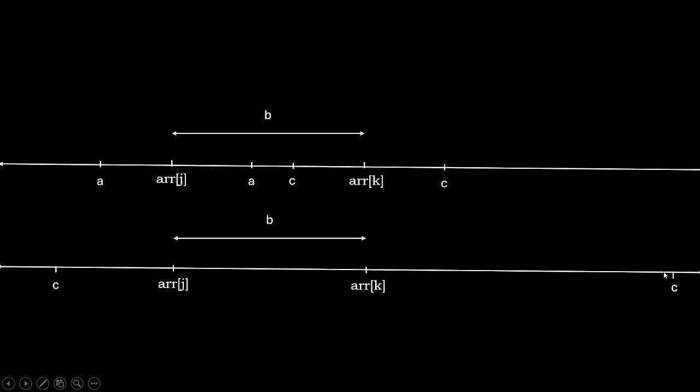We can have array I at any of these locations to satisfy that. Now to satisfy the array j condition, the first condition, we can have our a here or we can have our a here. Now tell me, to satisfy both of these conditions, where should our array I lie? It can't lie here, because you might say that they are overlapping, but they are not, okay?